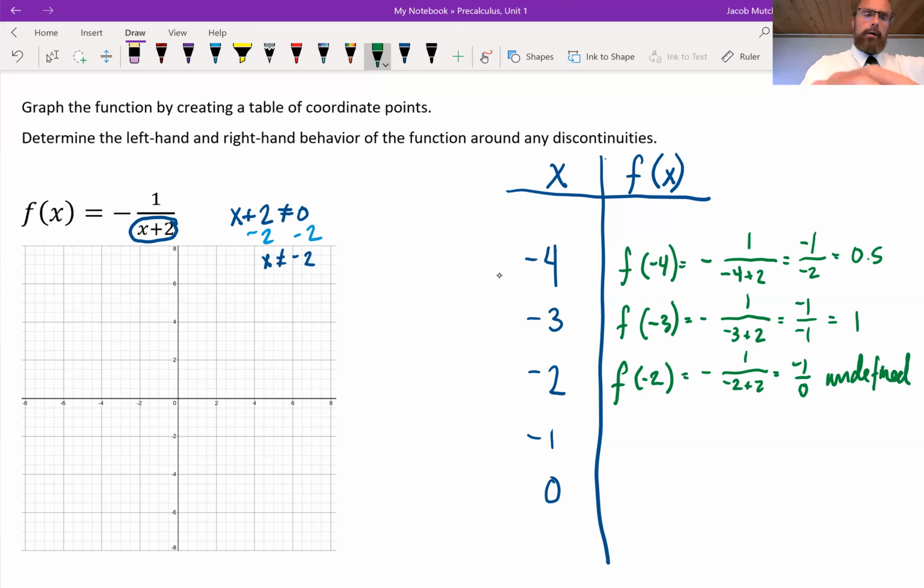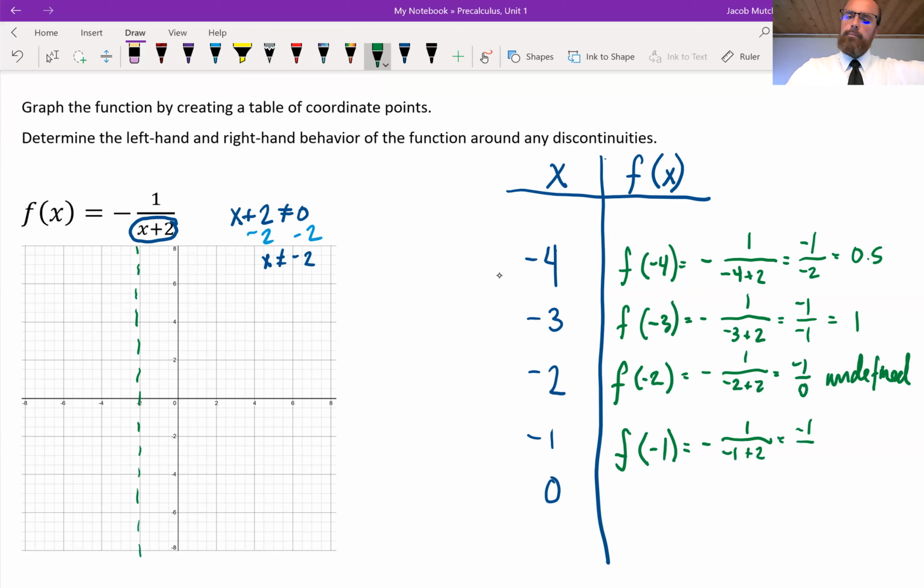And the way we'll see that on the graph, recall, is as a vertical asymptote going through that x value. So we'll just go ahead and plot that. Okay, f at -1. Again, to write it there is to substitute -1 for x, so -1 plus 2 in the denominator is -1 over +1, so that's -1.